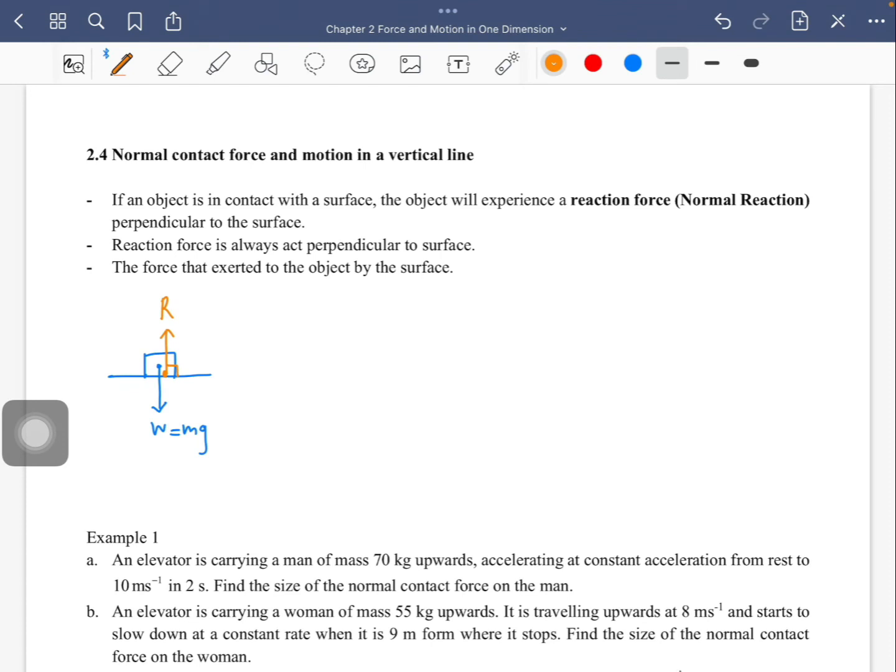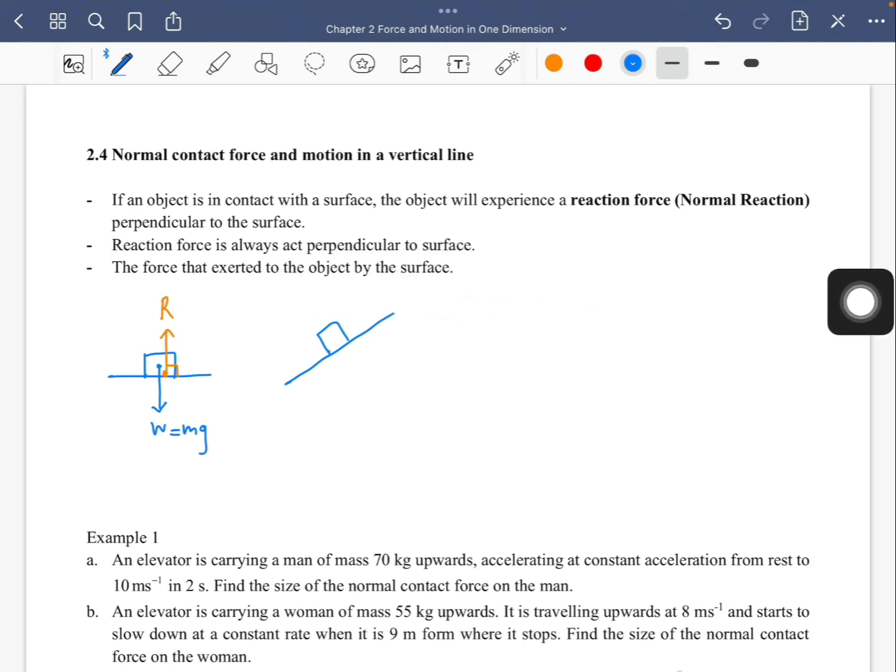That's it. And let's say the surface is a slope surface like this, for example, and there is an object on that surface, so how do we draw normal reaction force for this case? Again, remember, reaction force is always perpendicular to the surface.